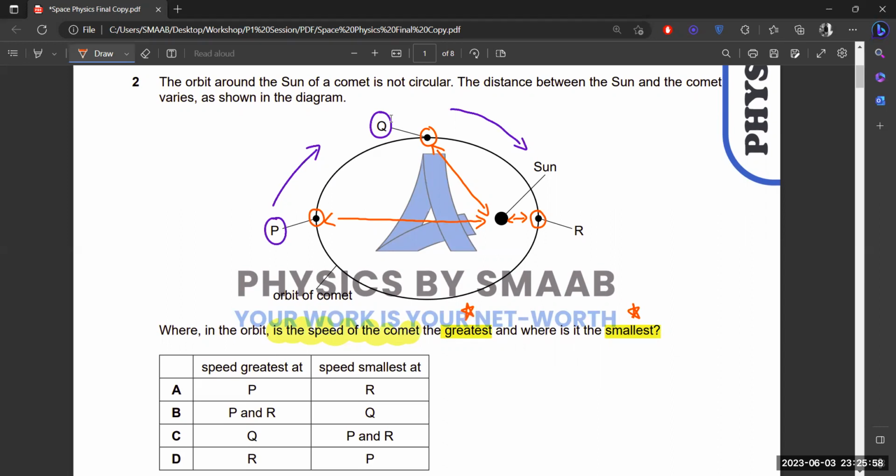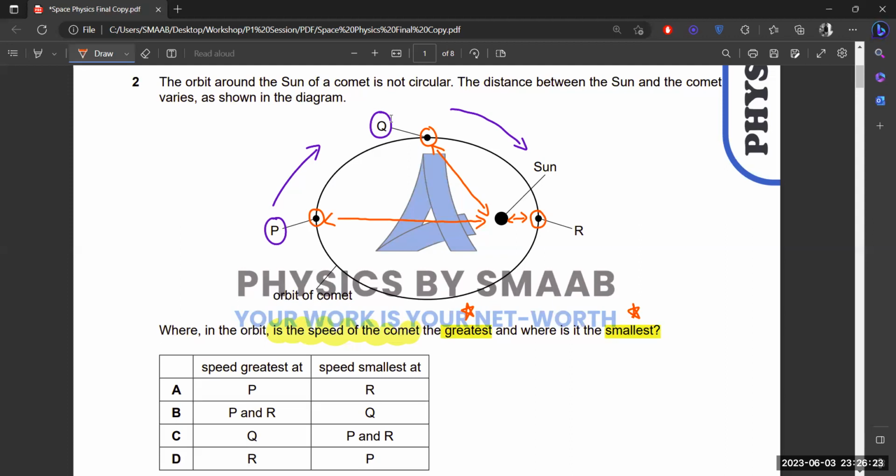When we are close to another planet, the gravitational field will be greatest. That's why speed will increase. And if that planet is away from the Sun or any other planet, speed will be lower because of a weak gravitational field.